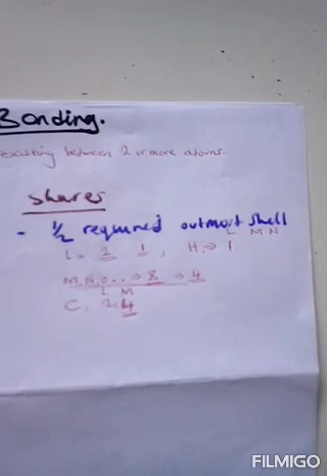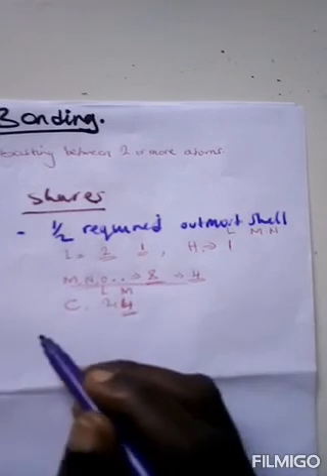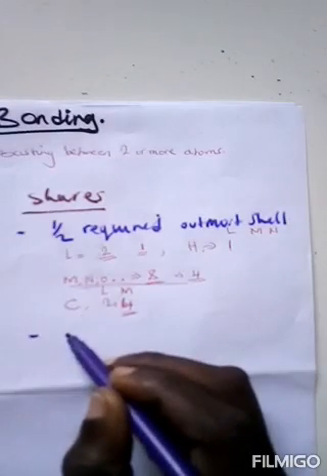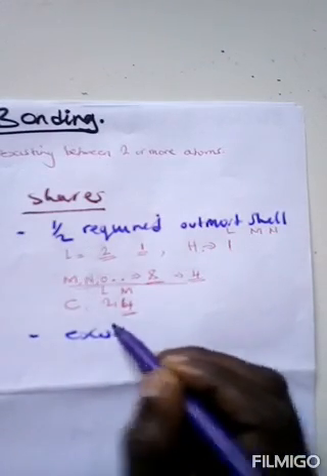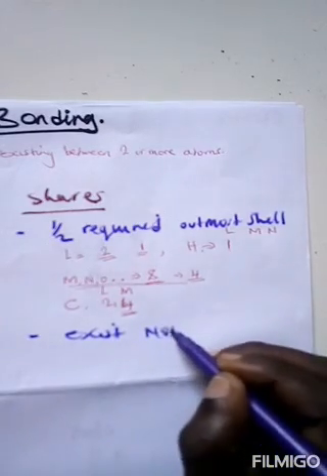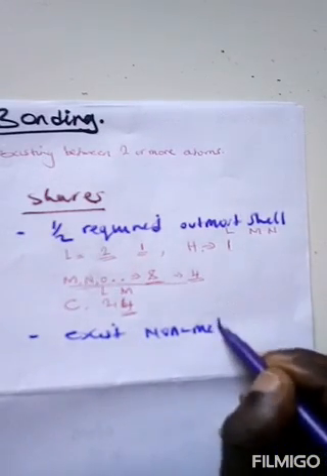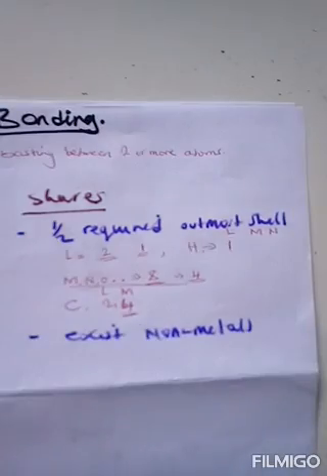The other way in which you can share is that sharing of electrons only exists among nonmetals. So if nonmetals alone are involved in forming a bond, then they will share their electrons.